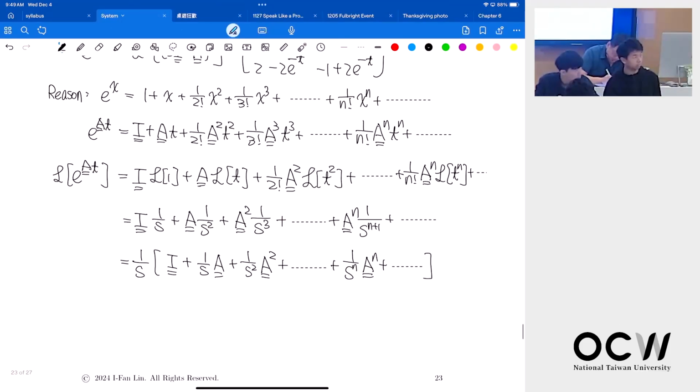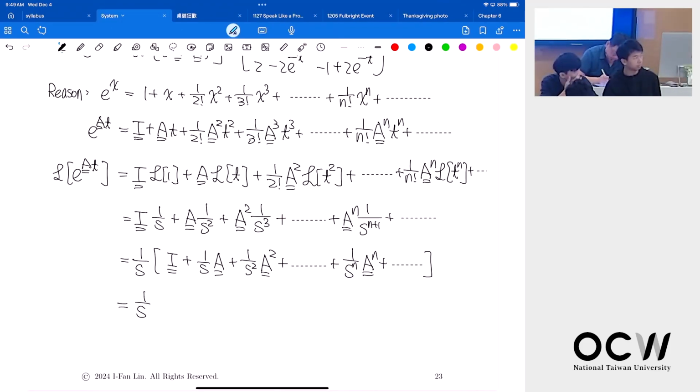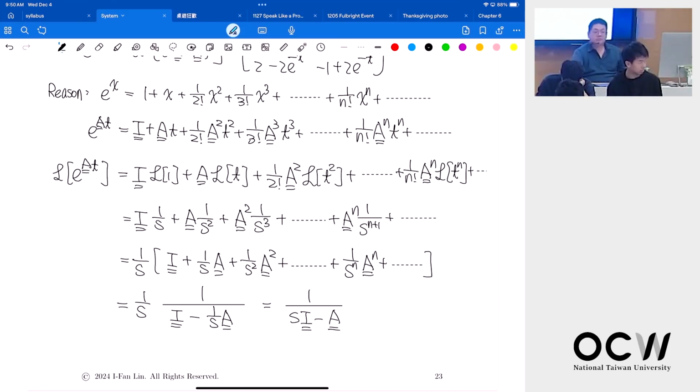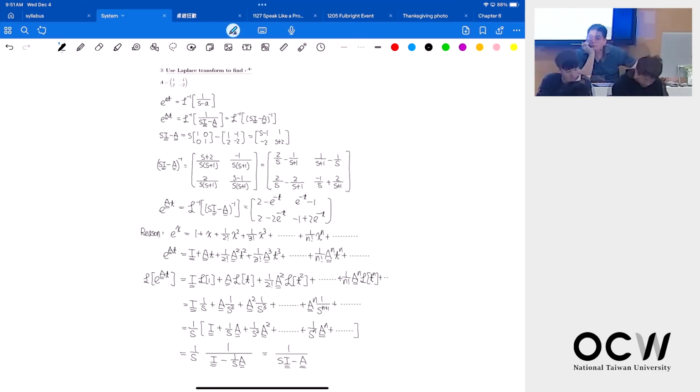So here is 1 over s, and for this part, that is the identity matrix minus 1 over s A, a series, an infinite series, and it can converge. That's why it is the inverse of sI minus A. Okay.